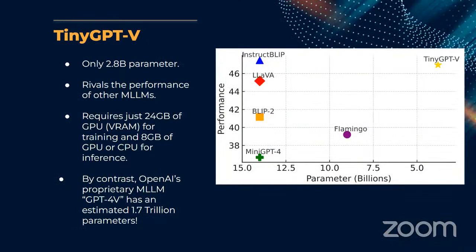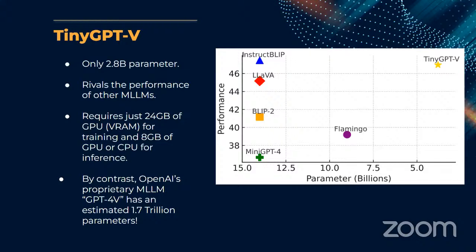Now let's have an overview of our TinyGPT-V. On the right-hand side, we can see a chart where we can see the number of parameters on the x-axis, and on the y-axis we can analyze the performance of all the open source multimodal large language models. TinyGPT-V, being 2.8 billion parameters, outperforms most of the large language models here.